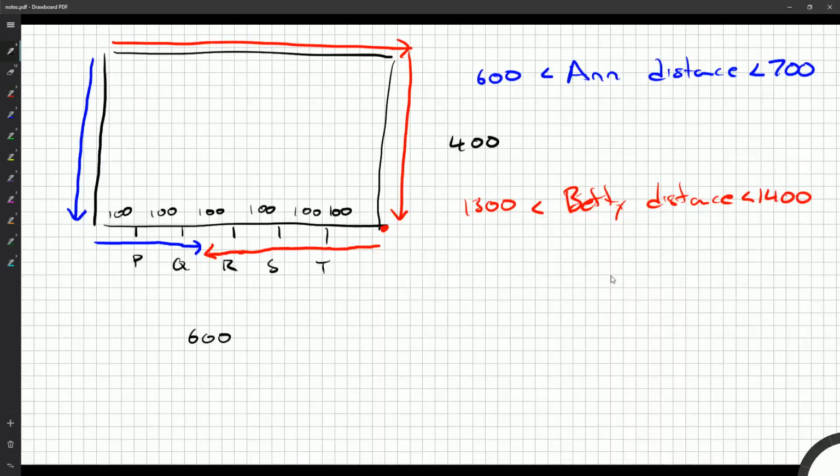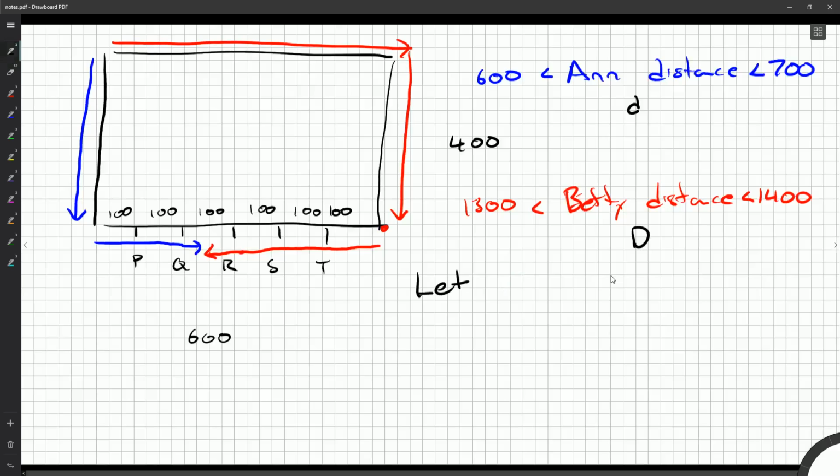Now we want to talk about their speeds, and specifically we want a ratio of their speeds. I'm going to call Anne's distance, which is clearly the smaller one, little d. We'll call Betty's distance capital D. And I might also talk about their speeds, so S and capital S look similar.